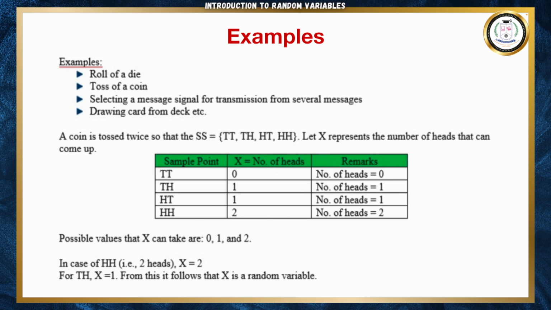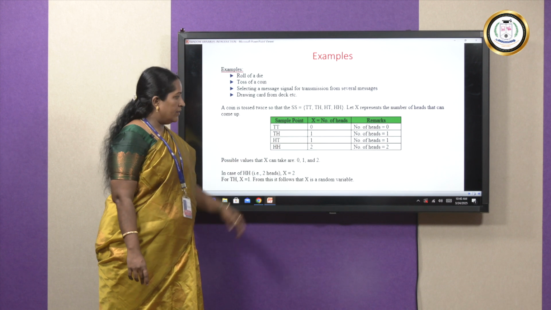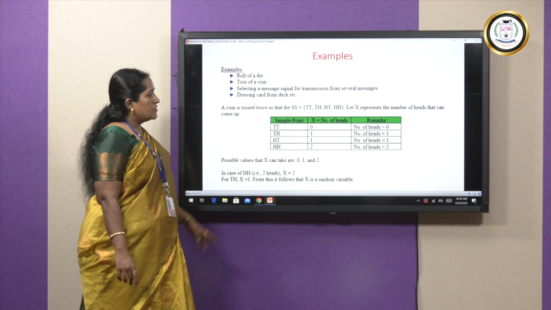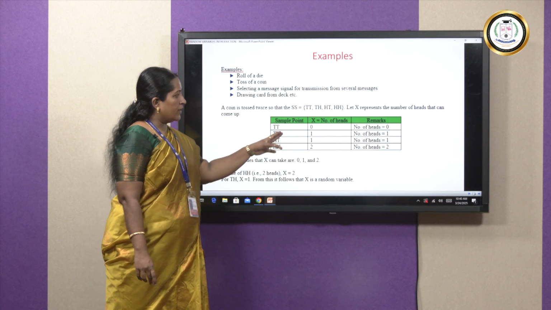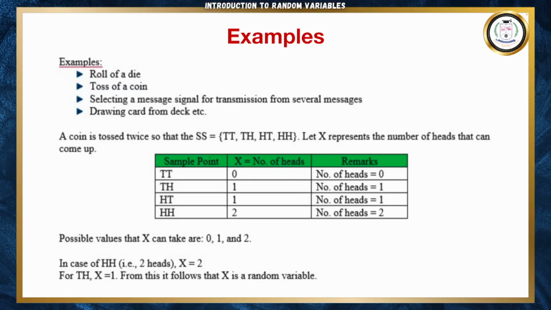That is, the number of heads is equal to 0. Then for tail head, one head happens, so the number of heads is 1. Next, for head tail, one head happens, so x is equal to 1. The number of heads is equal to 1. For head head, two heads happen. The number of heads is equal to 2.